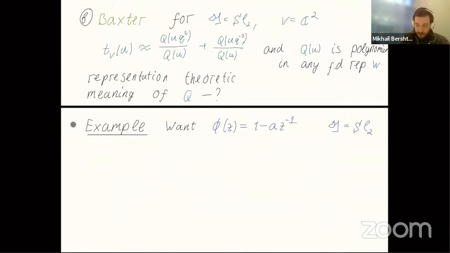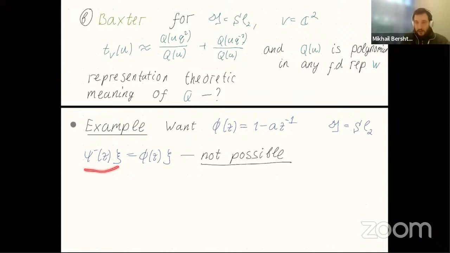We immediately come to the problem that it is impossible to expect that psi minus of z on the highest weight vector psi is equal to phi of z on psi, because psi minus of z is a power series in z near 0, and this function does not have such an expansion.